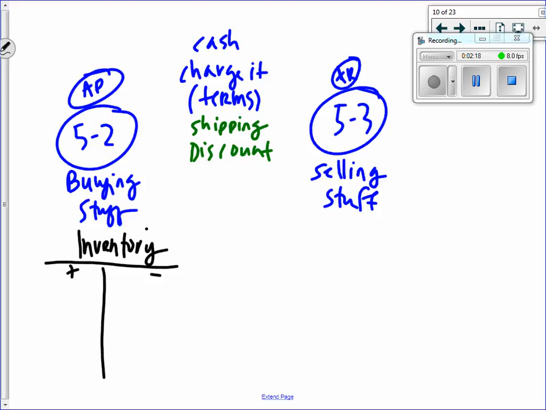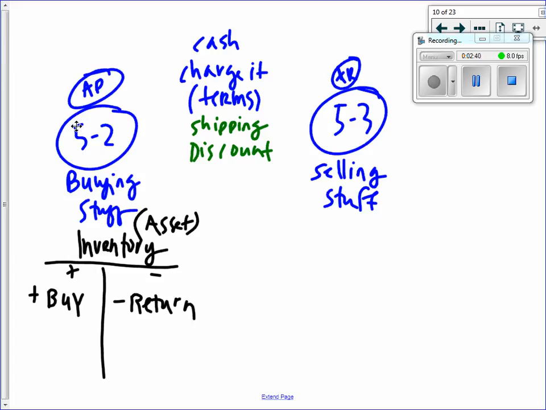Inventory, of course, is an asset. When we acquire the stuff, so when we buy the stuff, it's a debit. If we return any of it, it's a credit.